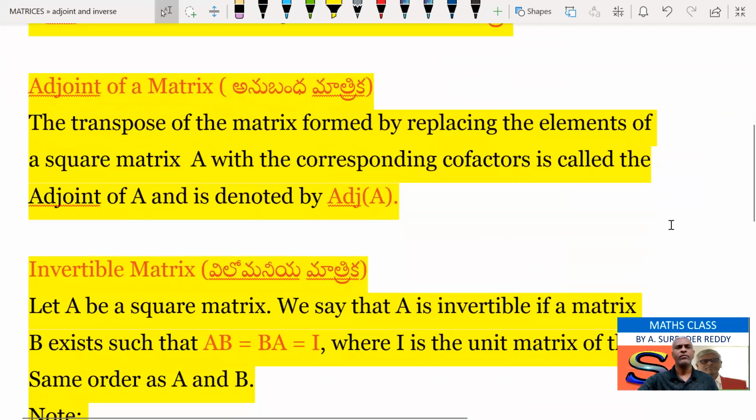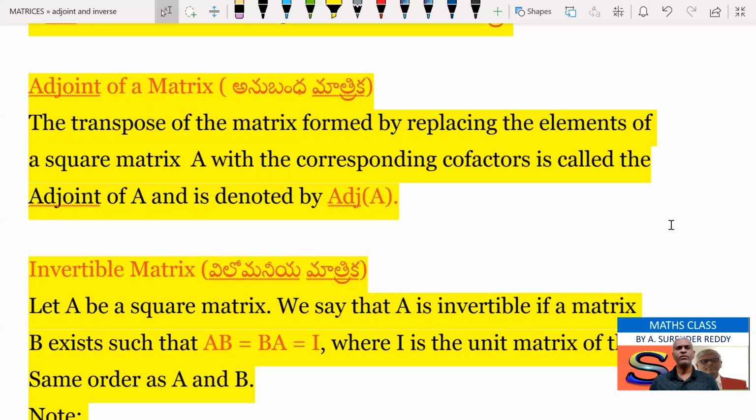Now, a very important concept, adjoint of a matrix. మాత్రిక యొక్క అనుబంధ మాత్రికను ఎట్లా కనుక్కోవాలి? What is adjoint matrix and how to find?